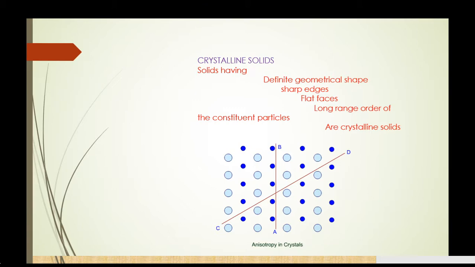Number second, the crystalline solid melts at a sharp and characteristic temperature. In case of crystalline solid, the constituting particles are tightly packed. The constituting particles are attracted by a strong force of attraction because the intermolecular, interatomic or interionic spaces are very short.